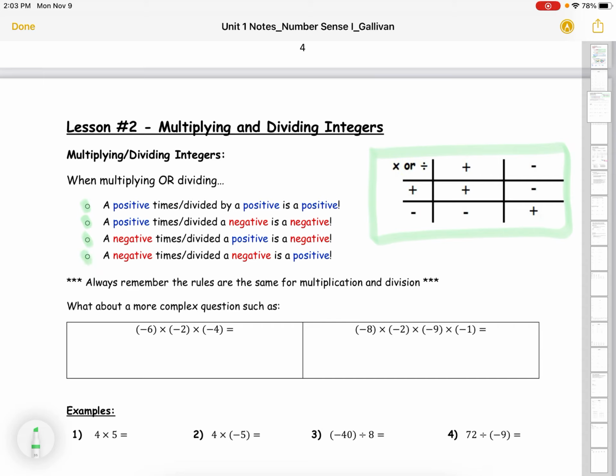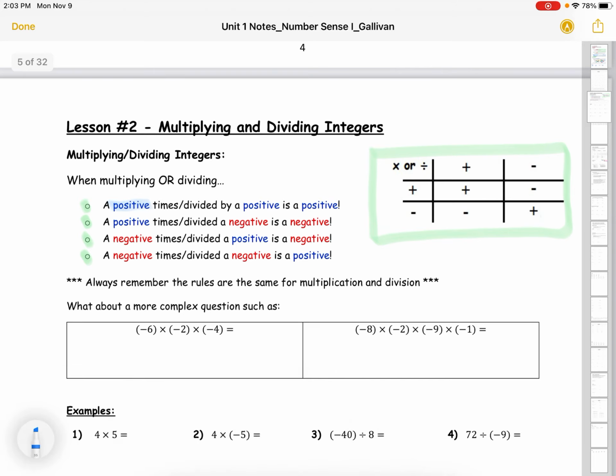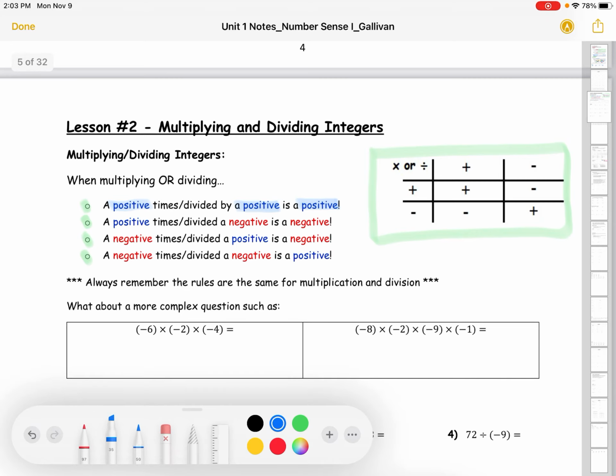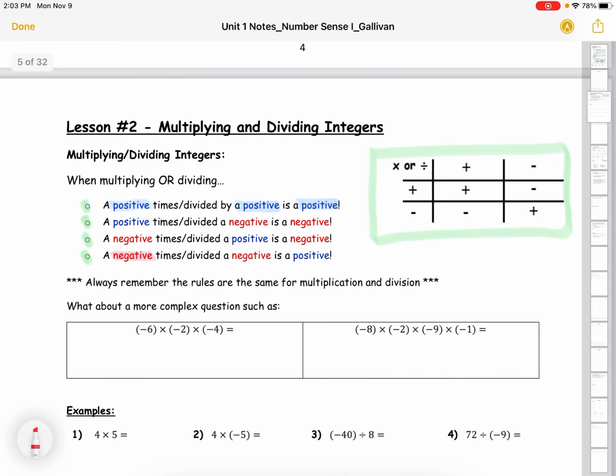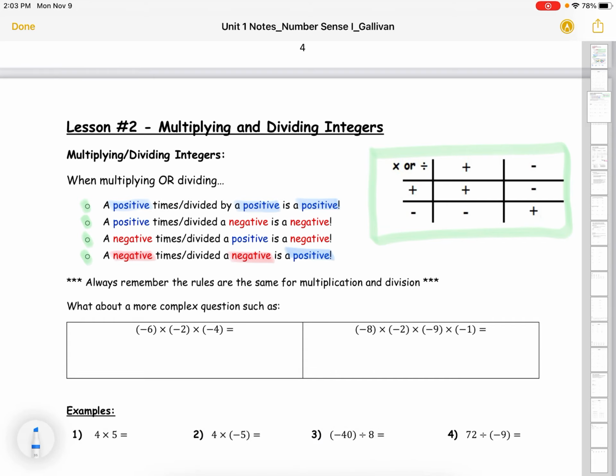So what you notice here is if their signs are the same, we get a positive. So if the signs are the same, we get a positive, okay?